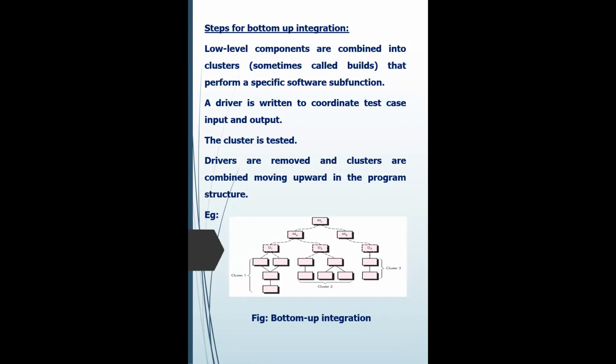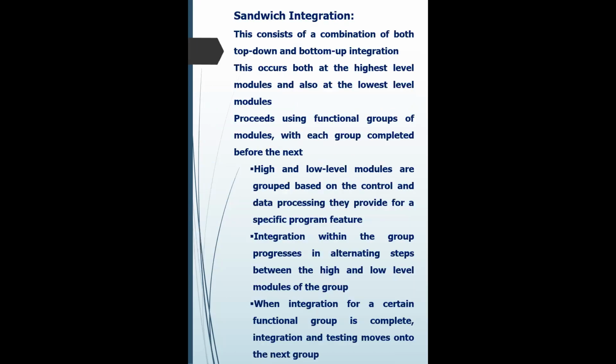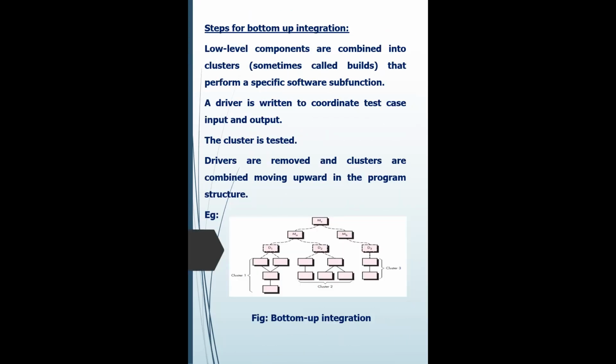Next, bottom-up integration. In bottom-up integration, the modules at the lowest level are integrated first. Then integration is done by moving upward through the control structure. The bottom-up integration process can be carried out using the following steps.